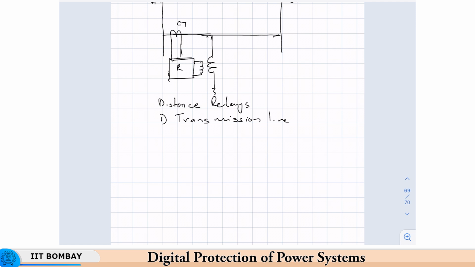Now the advantages of distance relays when compared to pure overcurrent relays are, first, they are more accurate, because now they have more inputs.